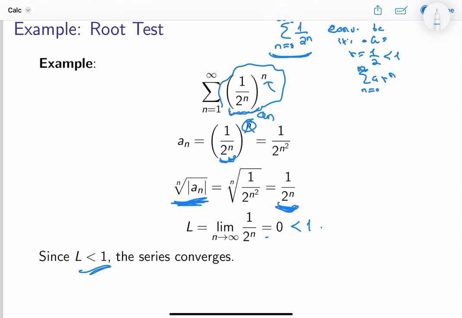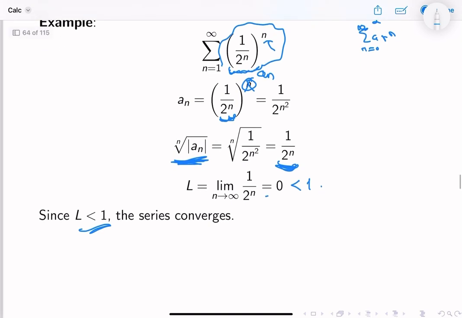So you see, it's kind of coming for free. You can prove something more general here. So here's an interesting fact for you.